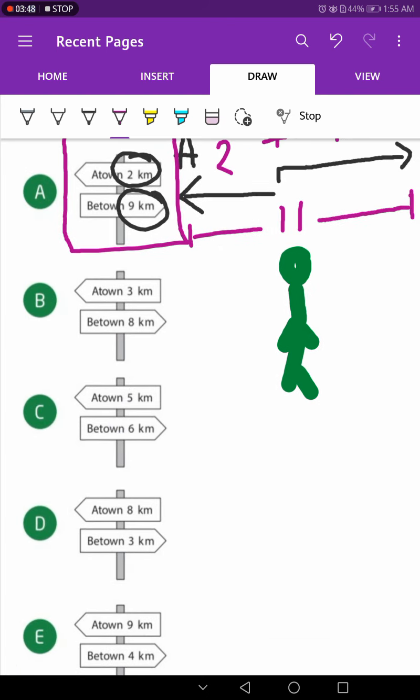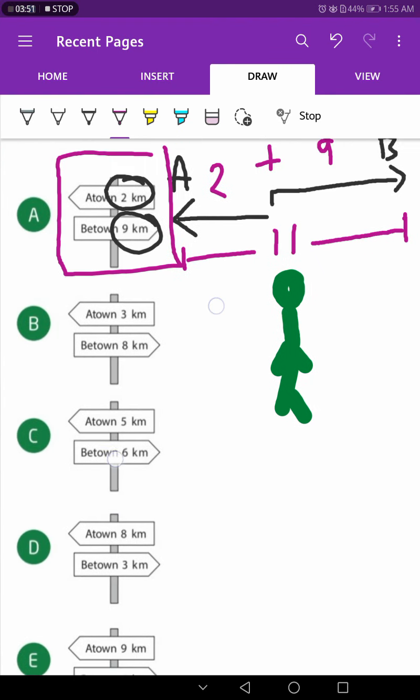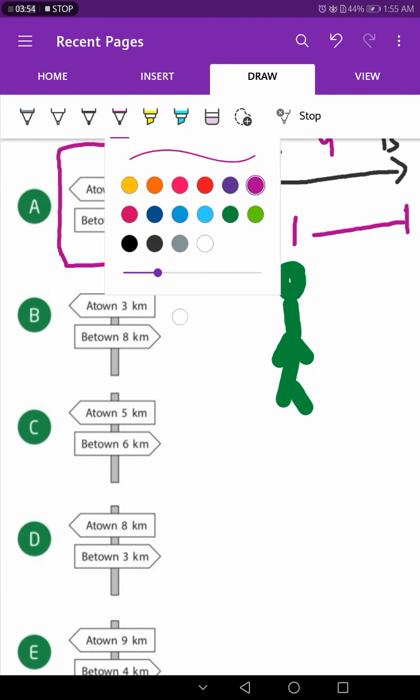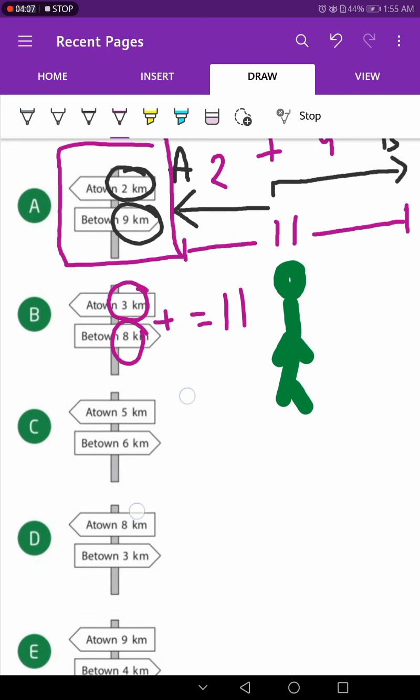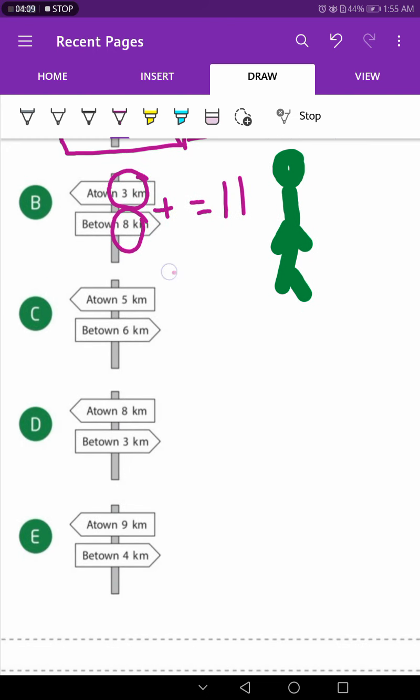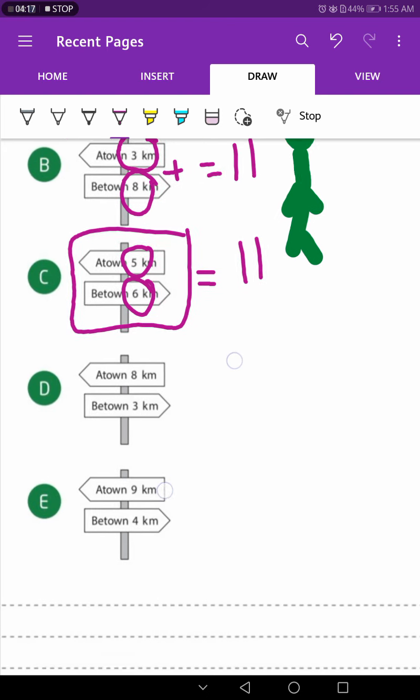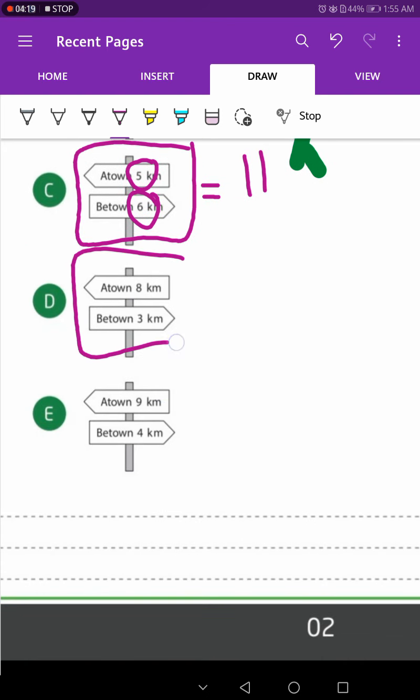Now if you check and apply what I did before, you will see the second sign here, 3 and 8. If you add them, you get 11. If you go down and check the next sign, you add 5 plus 6, then you get 11 too. If you check the next sign and add 8 plus 3, you will get 11.